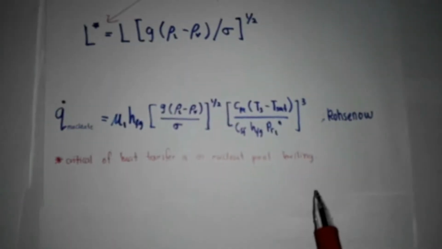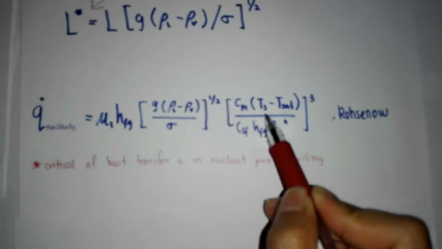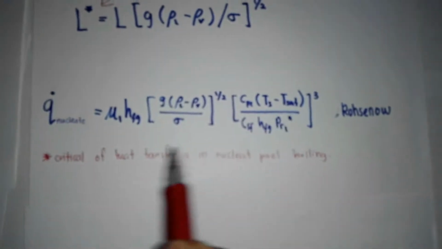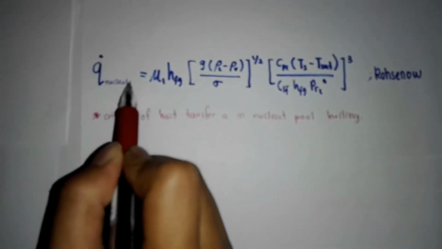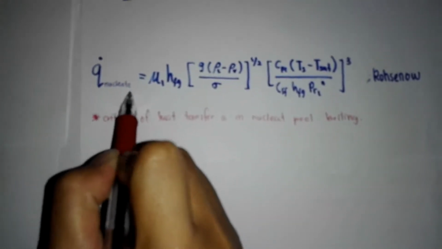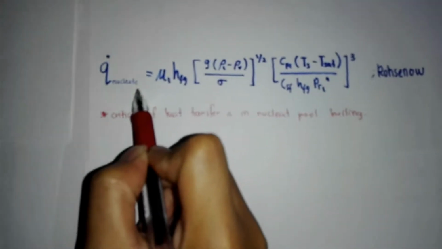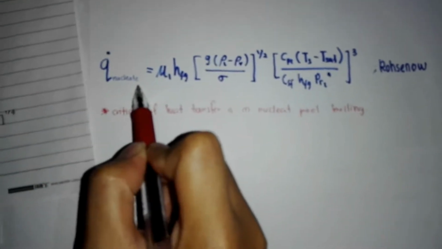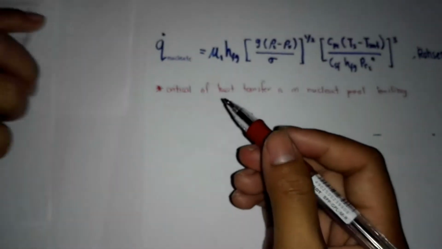Then we continue to find the temperature of the surface. We can substitute the nucleate heat transfer with the maximum heat transfer value we just obtained, which is 1.156 times 10 to the power of 6.